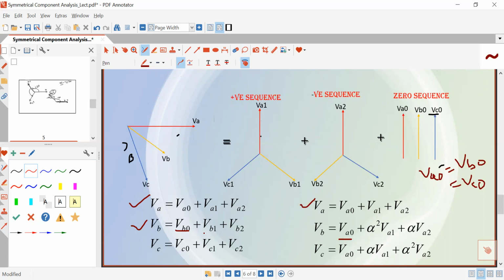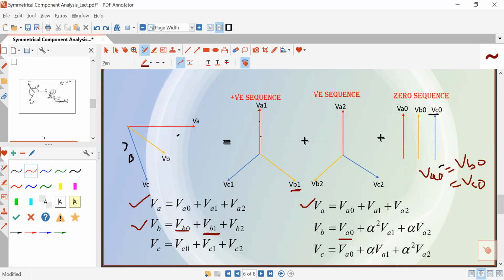But how do you write VB1 in terms of VA1, the positive sequence component of phase A? This is VB1, and you want to write it in terms of VA1. What happens if you multiply VA1 by alpha?